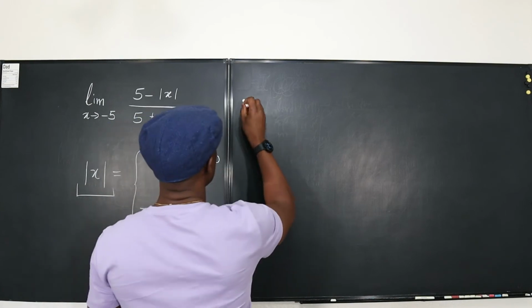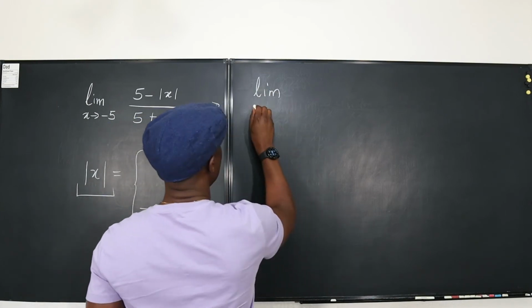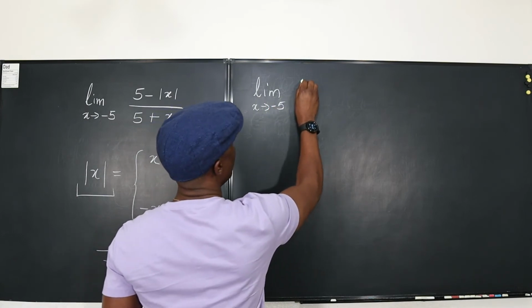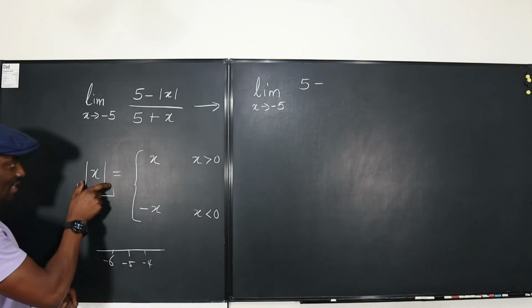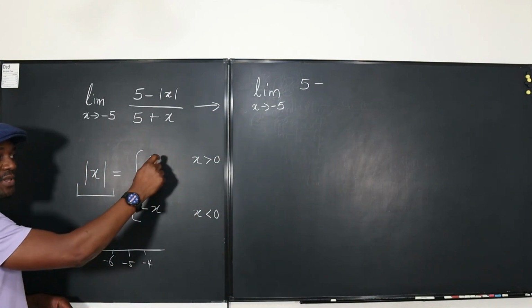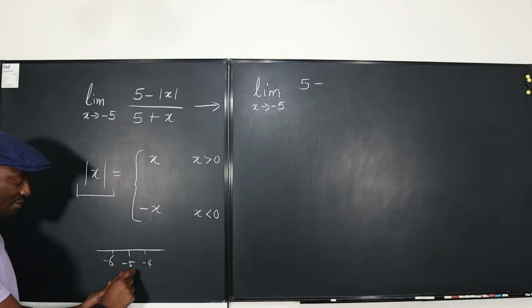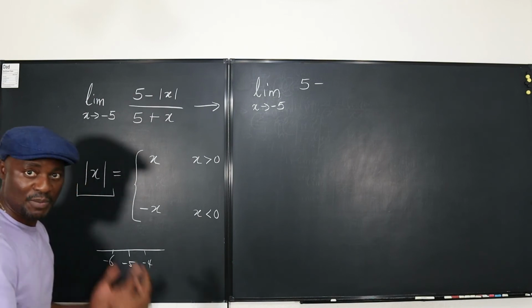So I'm going to say that this is the same thing as the limit as x goes to negative 5 of 5 minus, instead of writing this absolute value of x, I'm going to replace it with either of these, and we've decided that it's going to be the negative one because x is approaching negative 5, and from either side, whatever number that is, it will be negative.